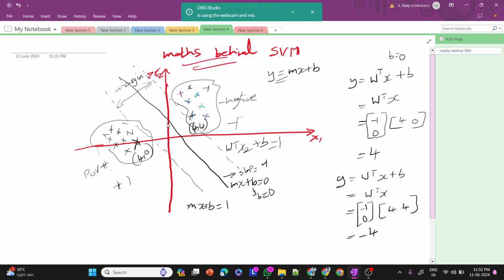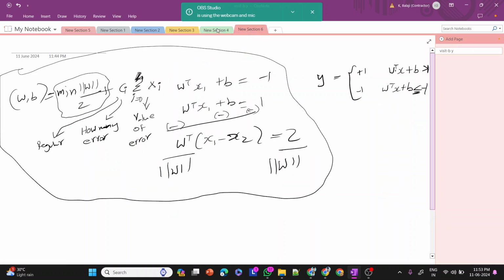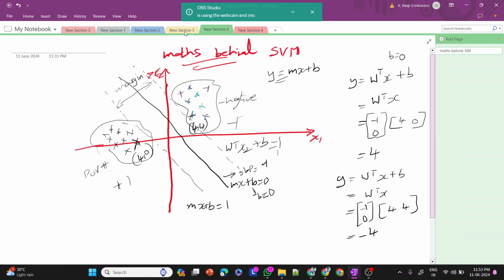For those spaces, the SVM will apply a polynomial linear formula to find the best hyperplane. Okay, this is the major mathematical concept behind the SVM.